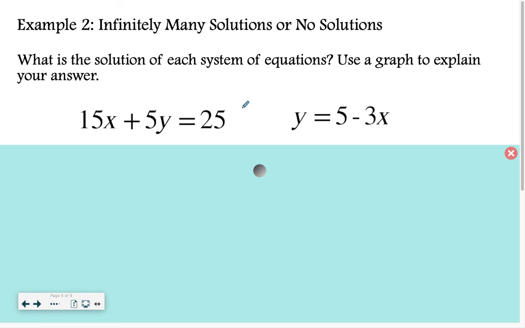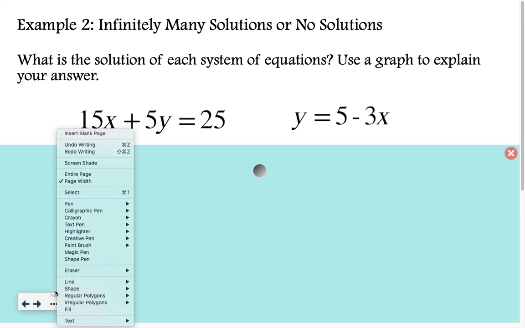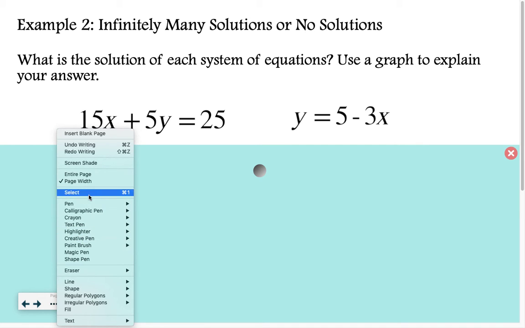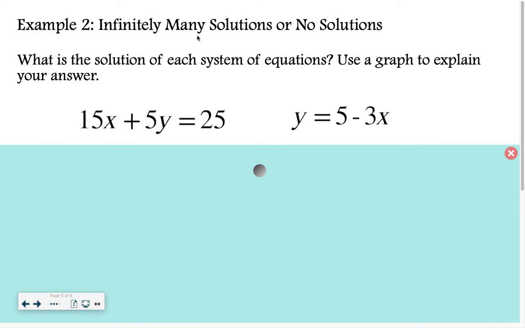All right, let's move on to our next type of problem, which is infinitely many solutions or no solutions. So previously, when we practiced things with our equations, our inequalities, our absolute value, we talked about having infinitely many solutions or having no solutions.